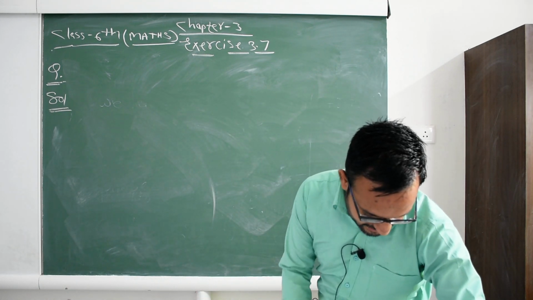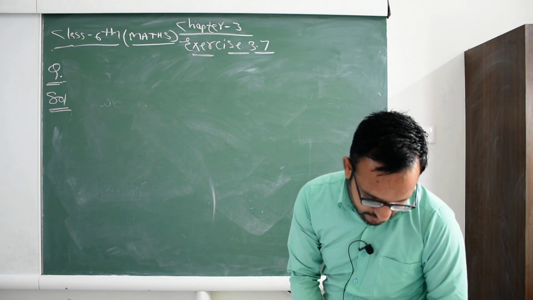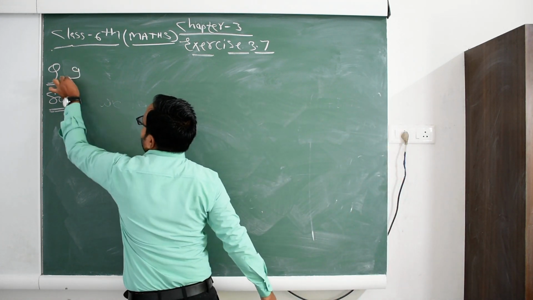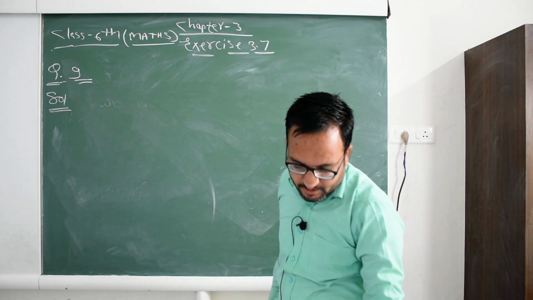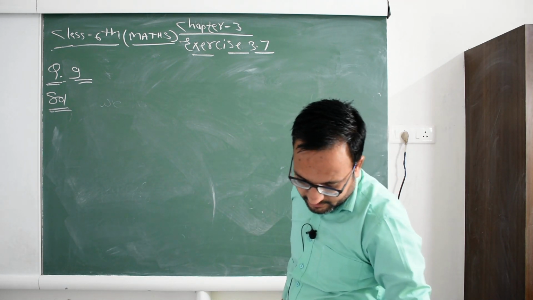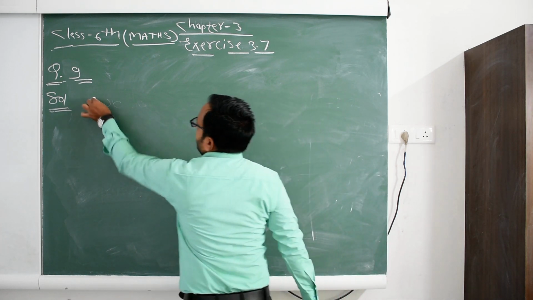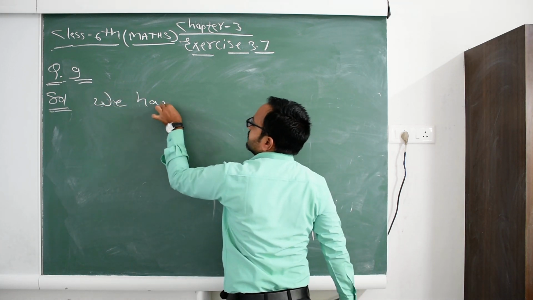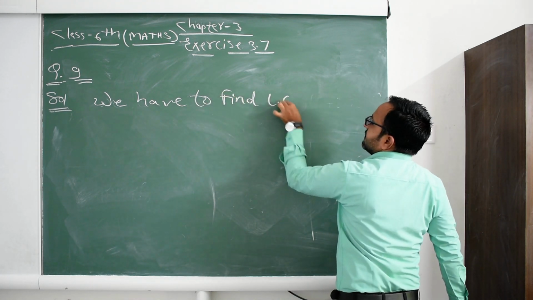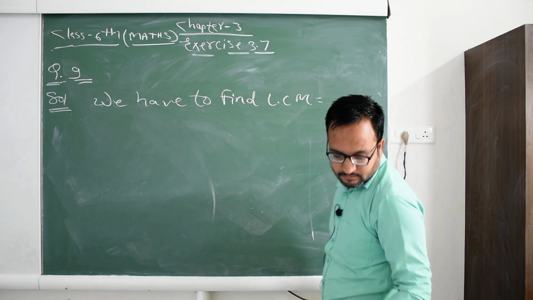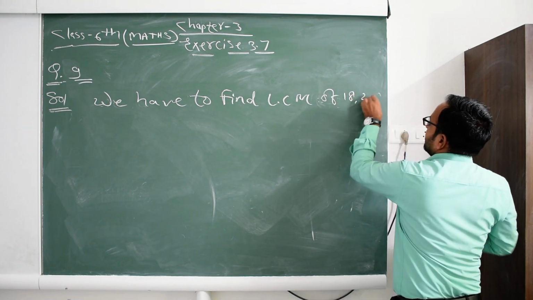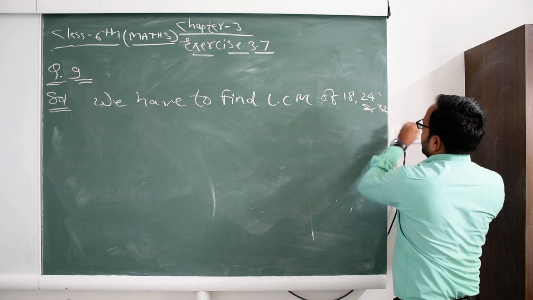Question number 9 is: find the smallest 4-digit number which is divisible by 18, 24 and 32. Again we have to find the LCM of 18, 24 and 32.